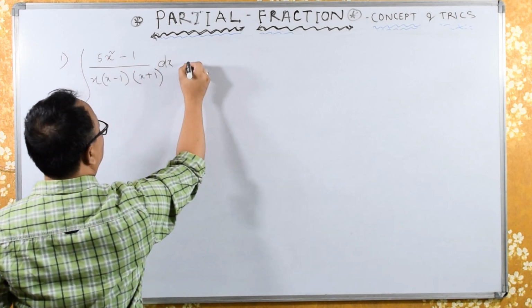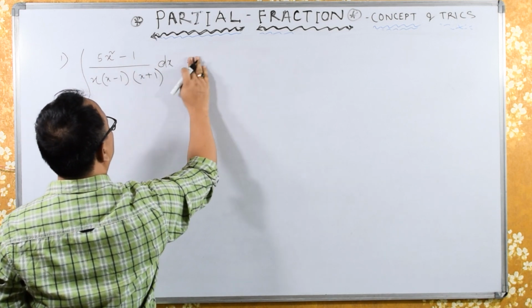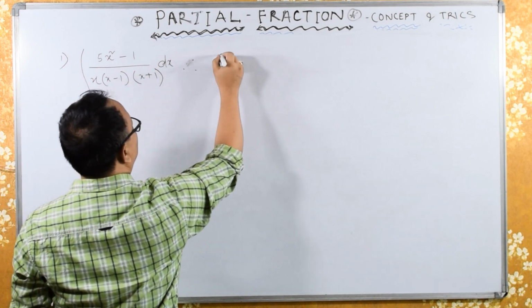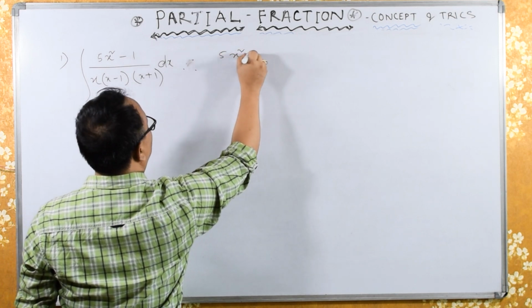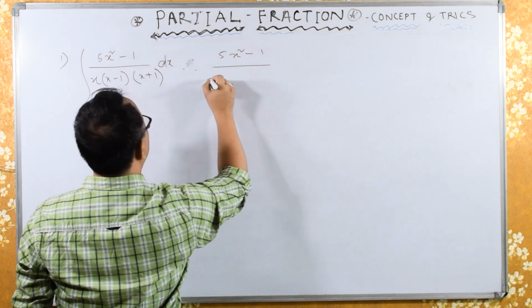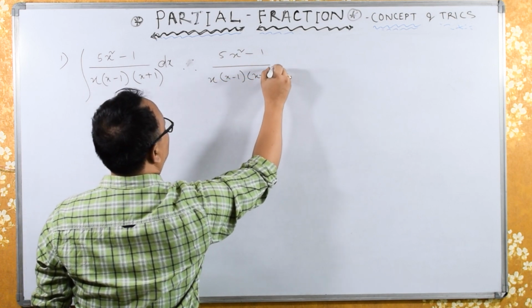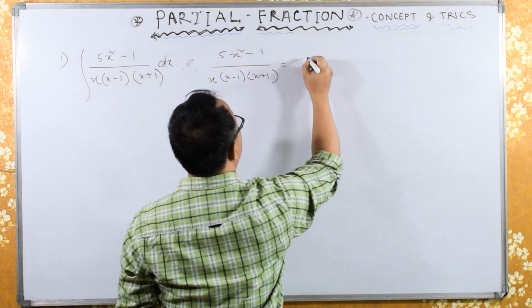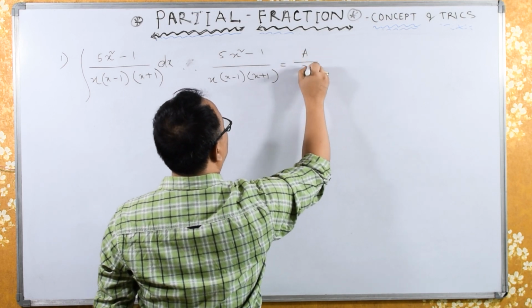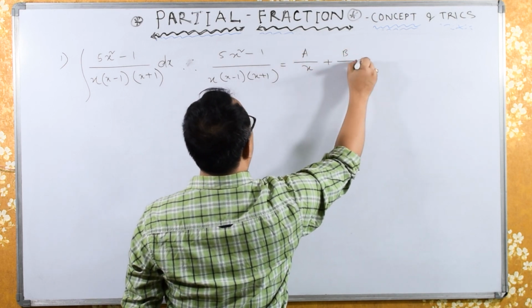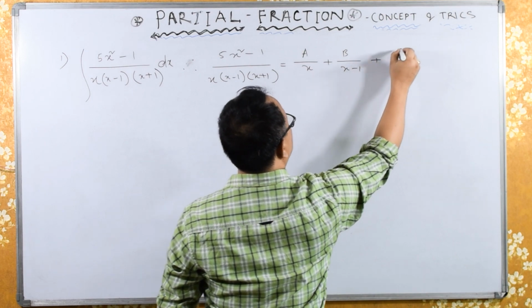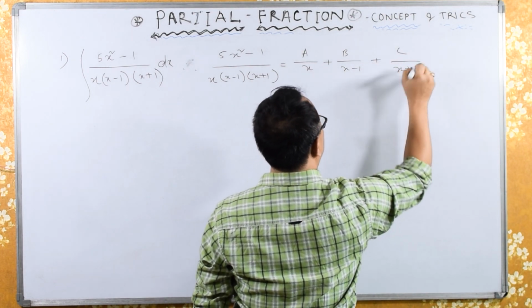Therefore, this is the same as a upon, you can say, therefore (5x square minus 1) upon x into (x minus 1)(x plus 1) is equal to a upon x plus b upon x minus 1 plus c upon x plus 1.